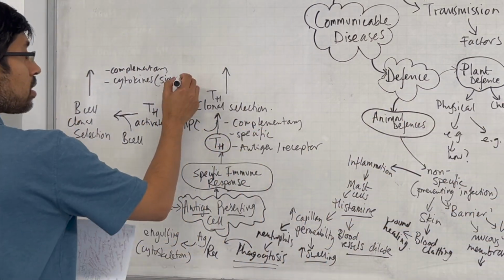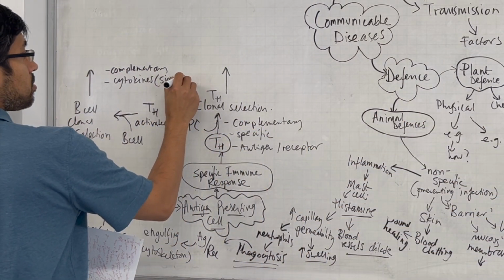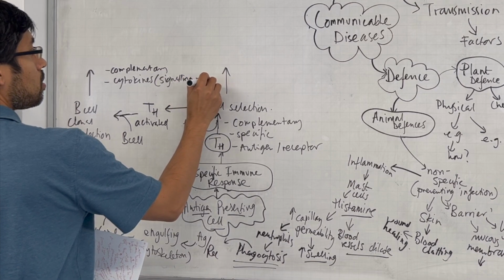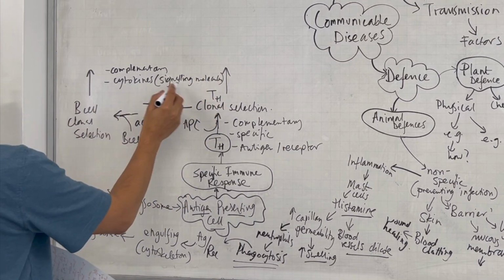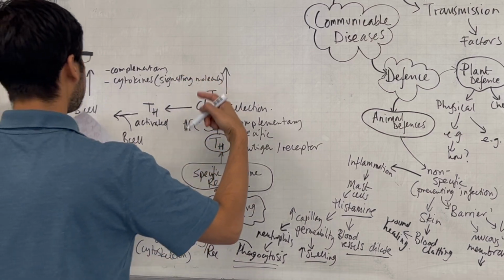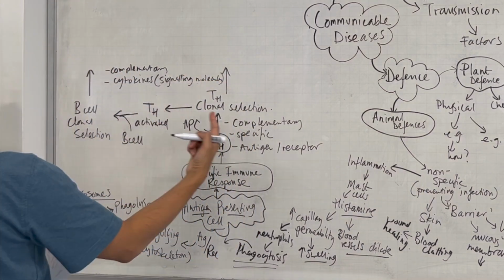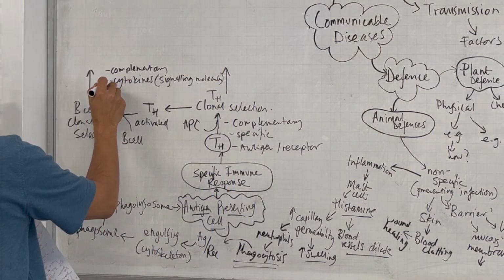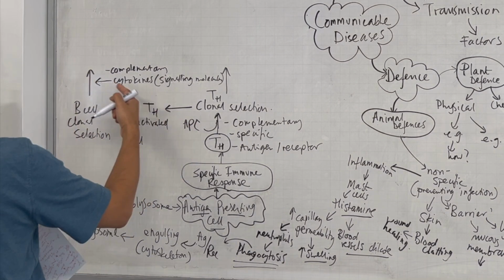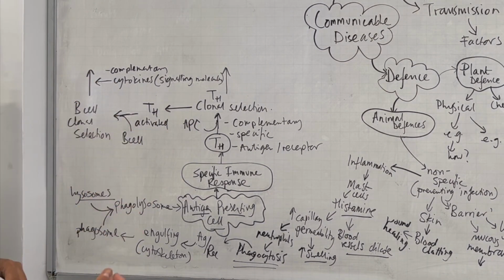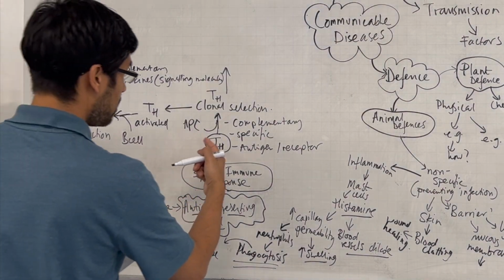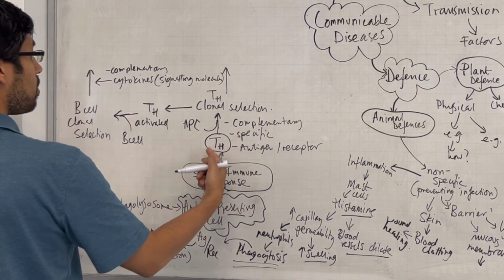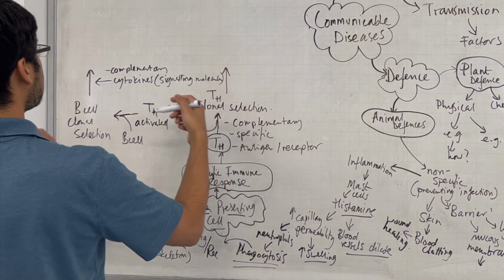That's cell signaling. So these are signaling molecules. Cytokines released by the T cell stimulate the B cell. And the T helper cell was activated by binding the B cell.